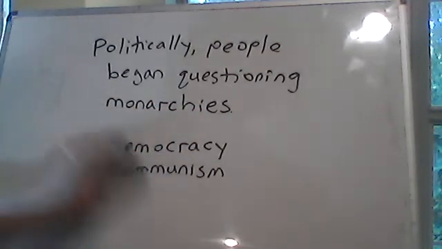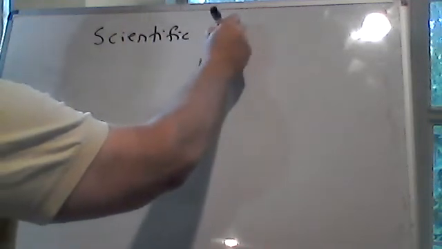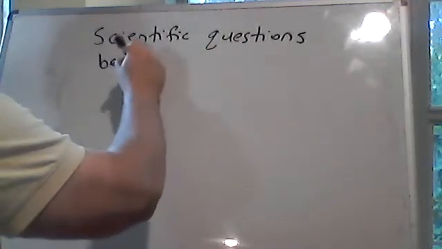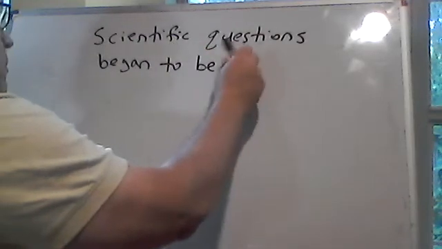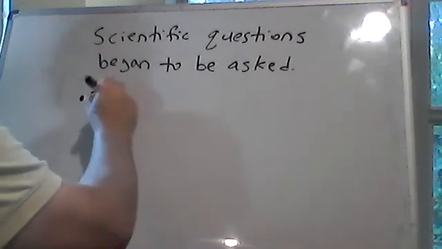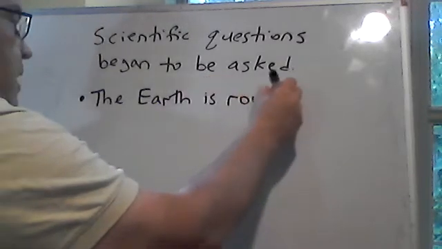Because the seeds started forming. Okay, and then where we are most concerned in this class is science. People started questioning, people started having scientific inquiries. Okay, and so scientific questions began to be asked. And this is questions from the earth is round instead of flat.